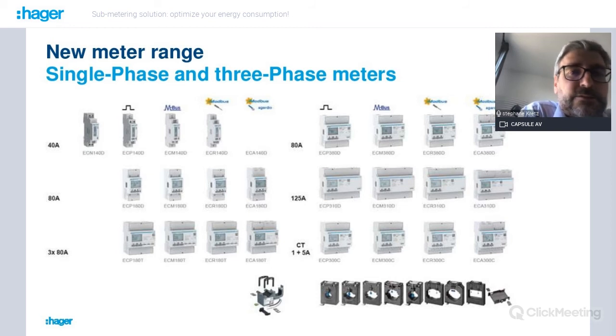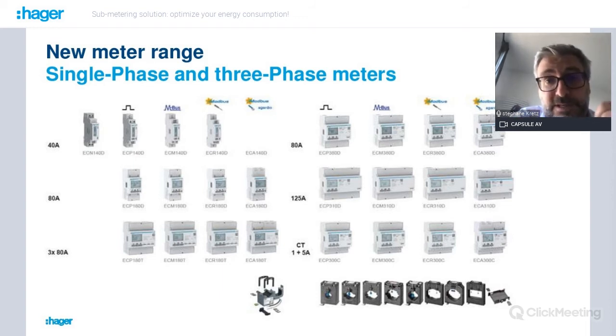And also we have a range that is easy understandable: 80 amps, 125 amps, and of course, for more than 125 amps, no direct measurement, but through external CTs, current transformers, because also we can propose a full current transformers range that is in our catalog.